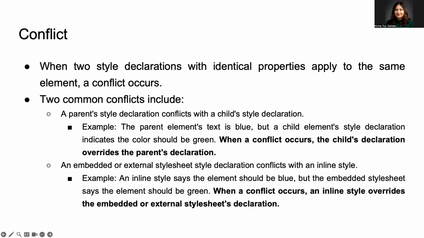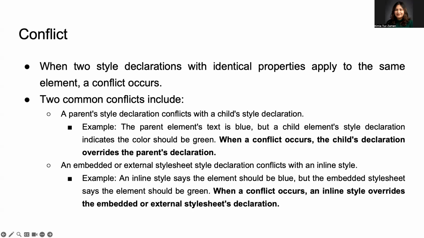Now, conflict. When two CSS style declarations with the same property apply to the same element, a conflict occurs. CSS has rules to decide which declaration takes priority. One common conflict is between a parent style and a child style.